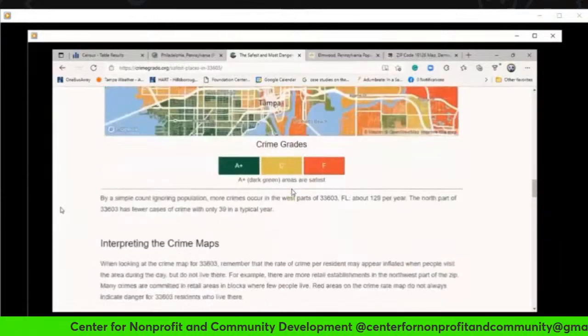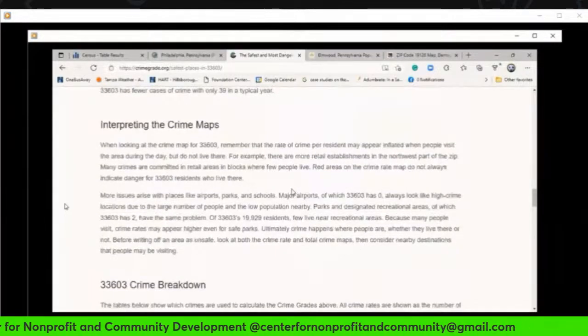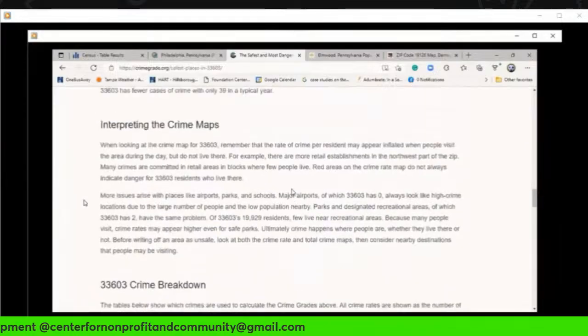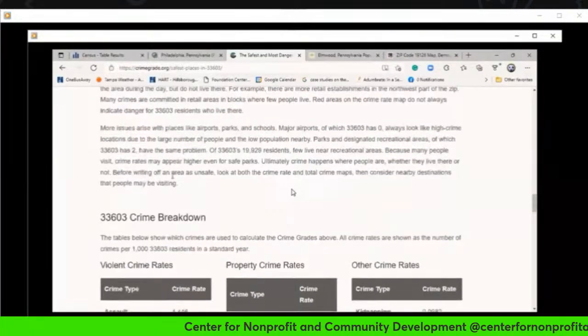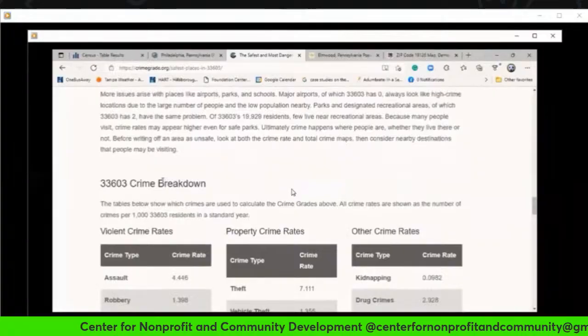Okay, so anyway, that didn't work out as much as I wanted it to. But you see what I'm trying to get across. This is important because this map also allows you to interpret the crime maps. That's going to be important.